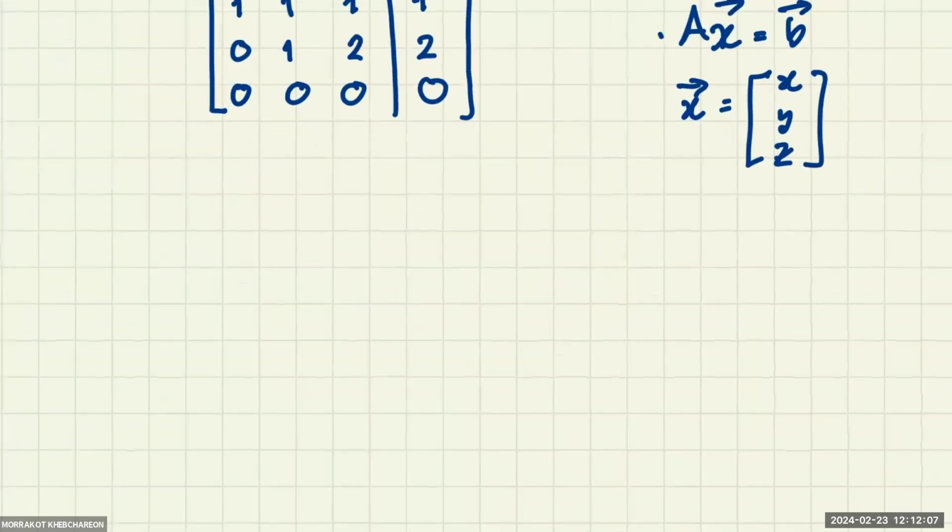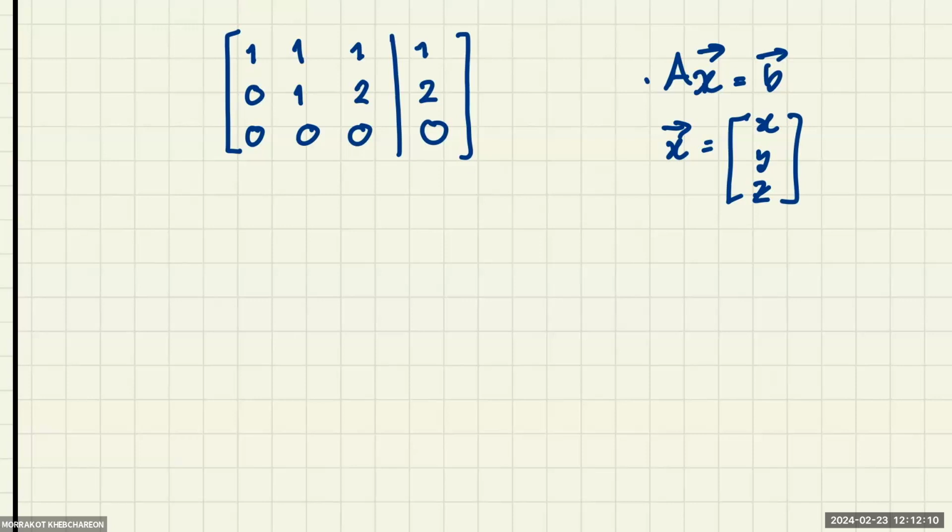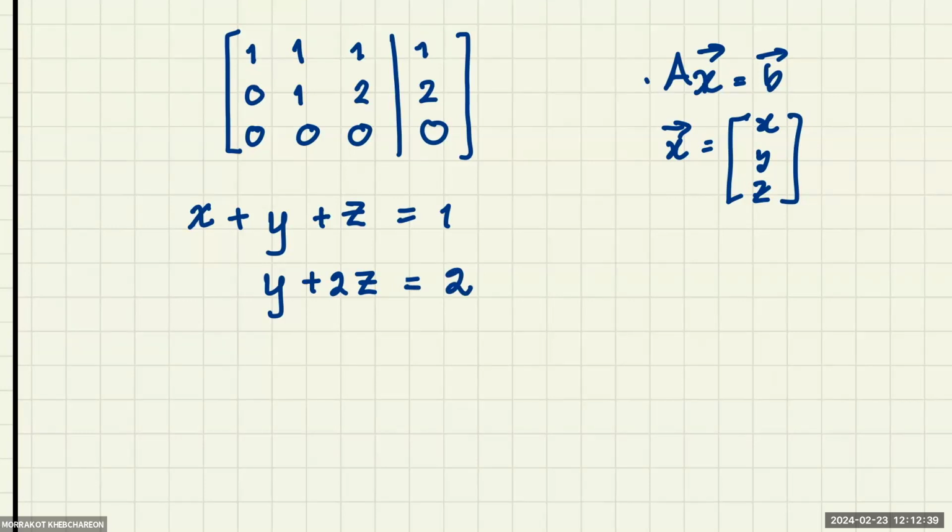Now I will rewrite this in terms of equations, expressing the matrix as equations. I get x plus y plus z equals 1, and then y plus 2z equals 2. My unknowns are x, y, and z, so we have 3 unknowns and 2 equations.